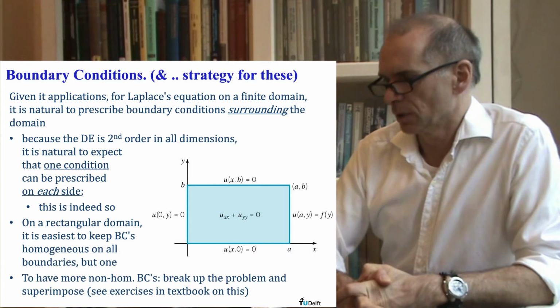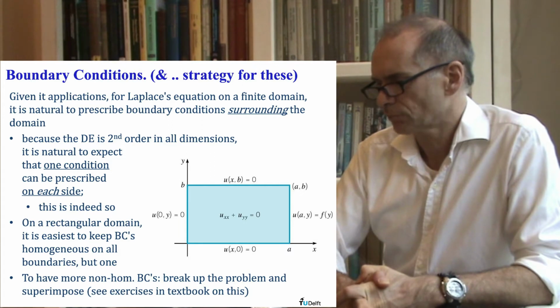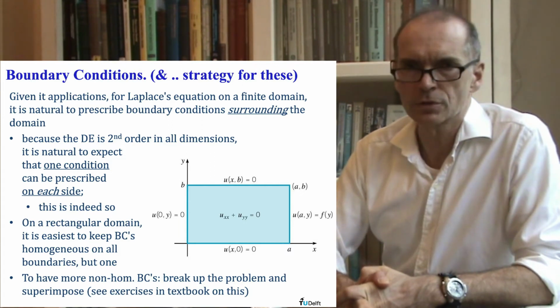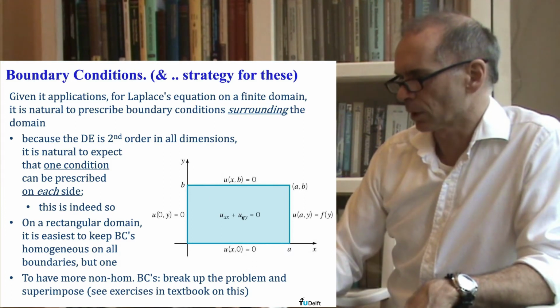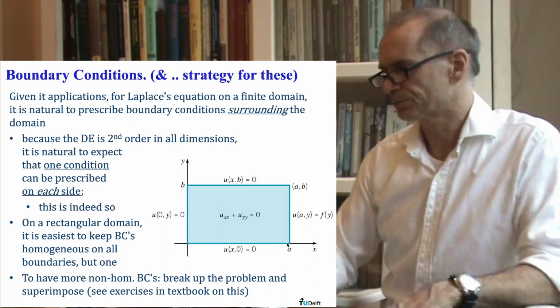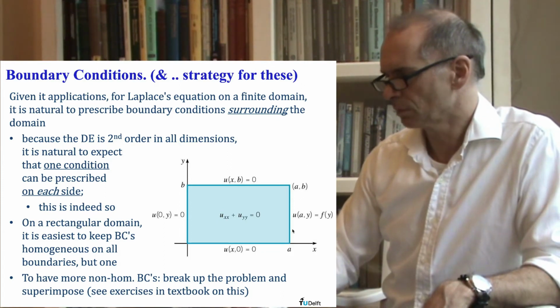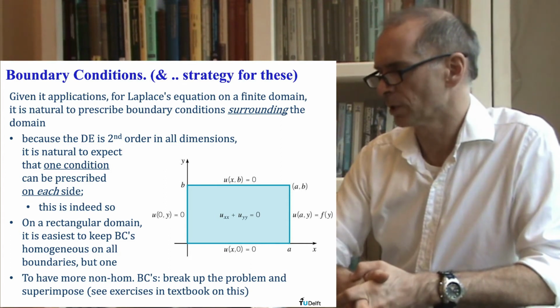Well, now given the applications for Laplace's equation, say if we would think about the temperature of some rectangular domain down here, and if this would be some body, we could conceive that we would cool it with iced water from 3 sides, and maybe heat it from a prescribed temperature, so expose it to some temperature reservoir from another side.